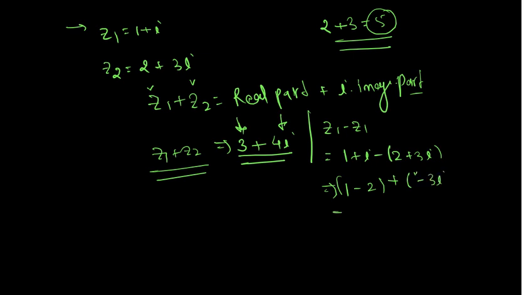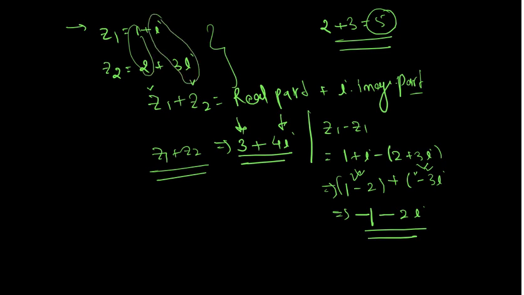Why? Because the real part will subtract and the imaginary part will subtract, so you will get -1 minus 2i. This will be your answer. So this is all about addition and subtraction. Whenever you want to add two numbers, the real part will get added and the imaginary part will get added together. Similar case with the difference.